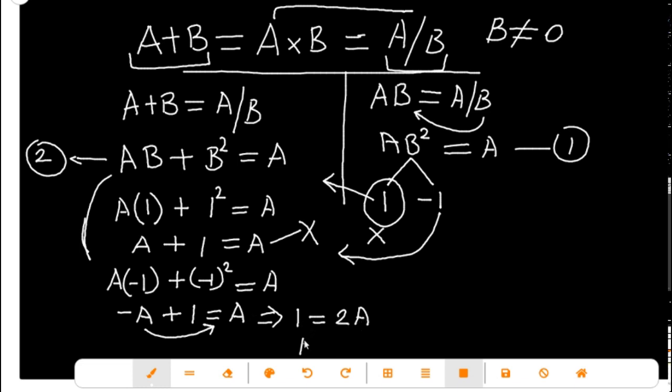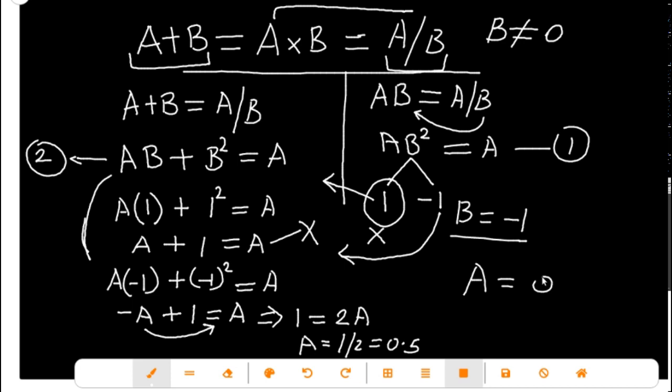So we have a equal to half, which is equal to 0.5, and from here we see that b is equal to -1. So we found our value, right? a is equal to 0.5 and b equal to -1.